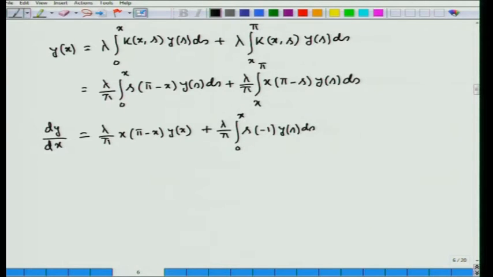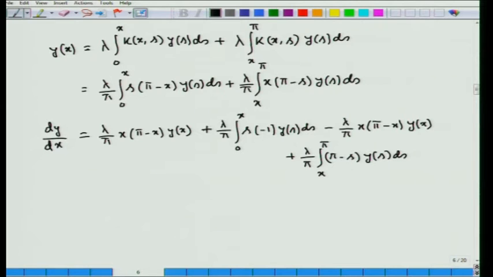This is the expression. Then substituting the lower limit into the integrand of the second integral, we find minus lambda divided by pi x(pi minus x) y(x), and then differentiating the integrand under the integral sign with respect to x partially, we find the integral from x to pi of (pi minus s) y(s) ds.